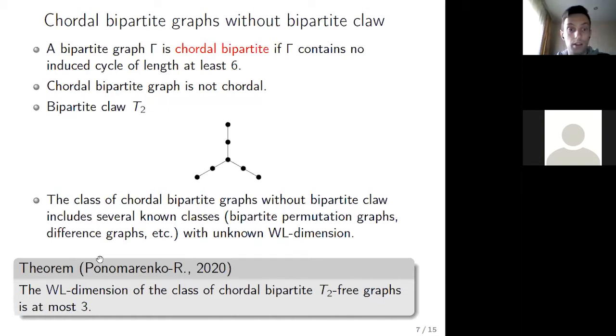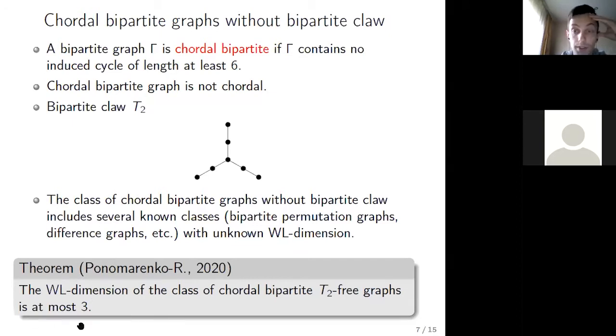And we proved with Ilya Ponomarenko that the Weyl dimension of the class of Hordle bipartite graphs without bipartite claw is at most 3. Here we also do not know whether this Weyl dimension is exactly 3 or maybe it is equal to 2. But again, the same situation as in the previous case.